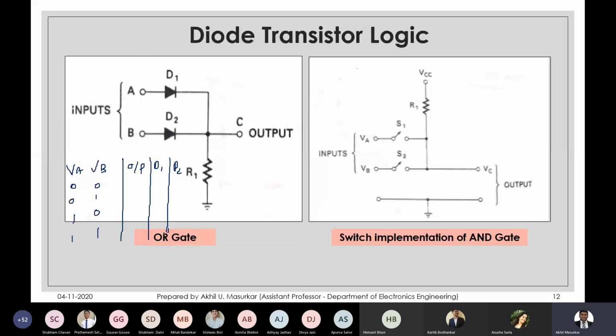What is their state? So when this is 0 and this is 0, here what will we get? So the diodes are going to be reverse biased.